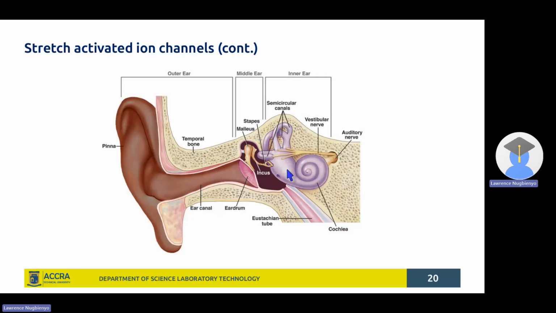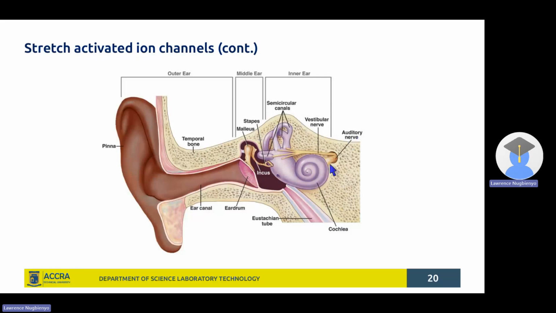If you have the inner ear damaged and there's no fluid in there, then of course, even if sound hits the inner ear, there will not be any fluid that will move to cause some form of a ripple effect, which will result in the movement of the hair-like structures there to cause some electrical signal transduction, which will go across the auditory nerve.